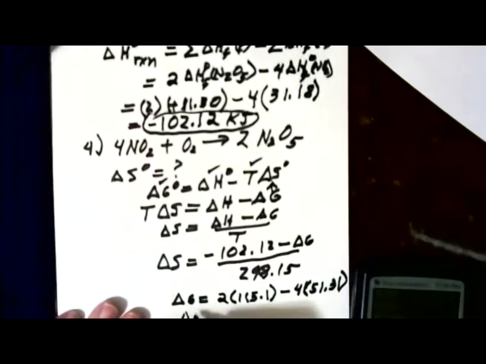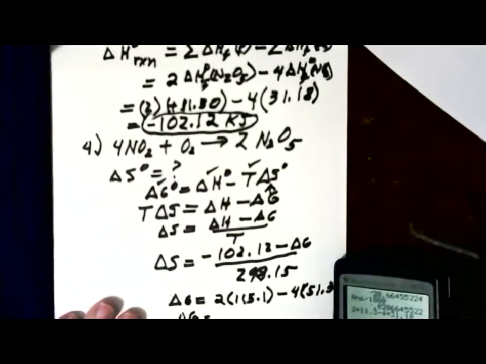Okay, double check my numbers. 2 times 115.1 minus 4 times 51.31. Okay, we're getting delta G is equal to plus 24.96.